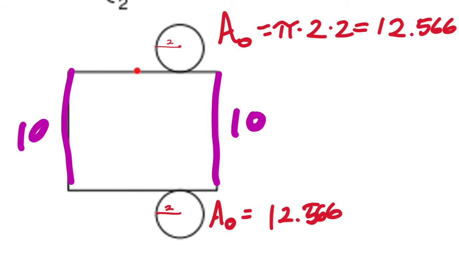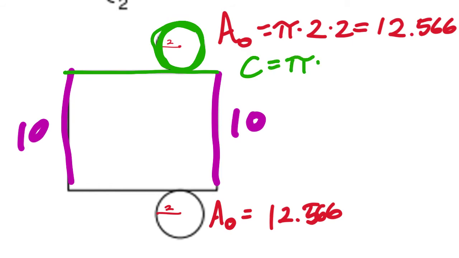But finding this length is a little bit more complicated than just length times width, because this whole length right here is going to go around this circle, right? Well, because it has to go around the circle, which is true, then the length that I have in green there is the actual circumference of the circle. So I actually just need to find the circumference of the circle.